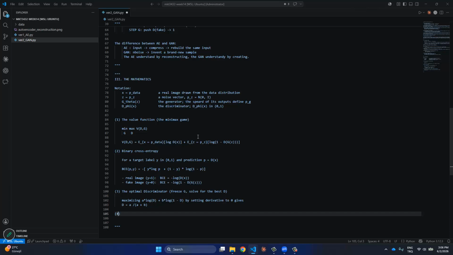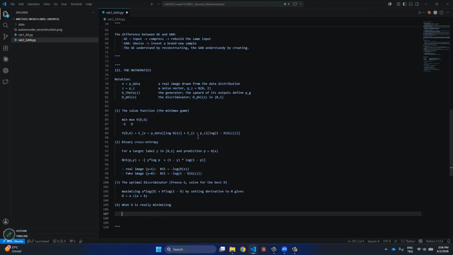But given this optimal discriminator, what is G really minimizing here? As I said, we should plug in the D star values, which gives 0.5, and V(D, G) collapses.